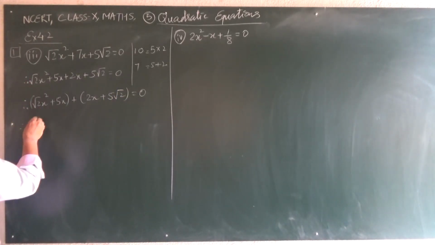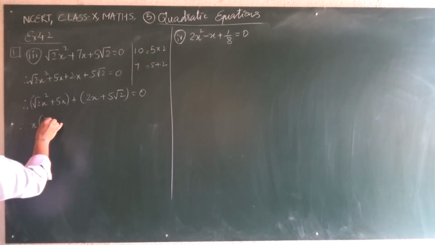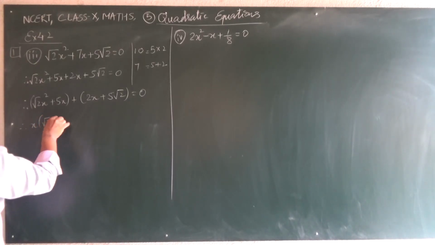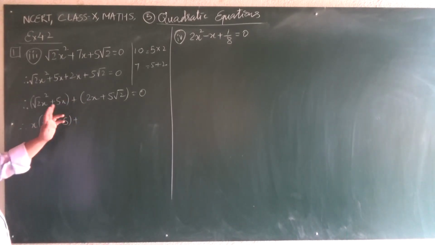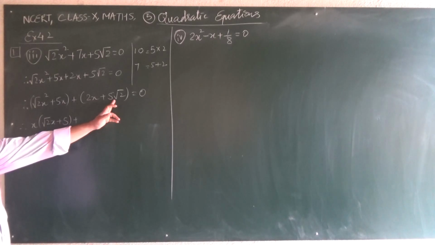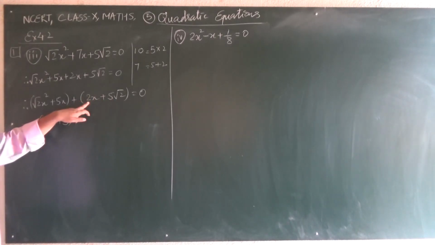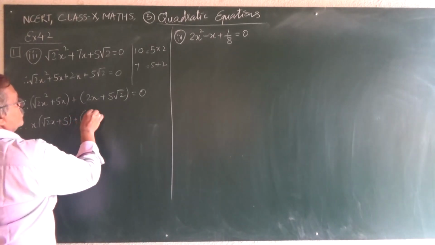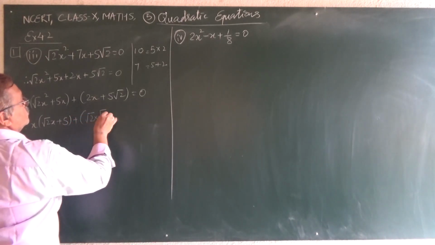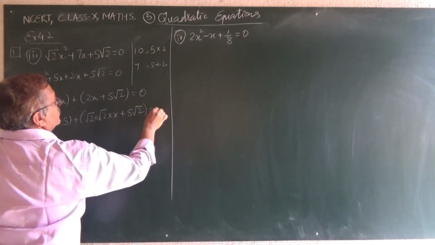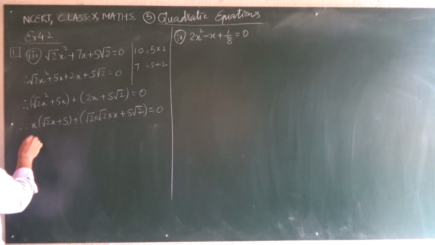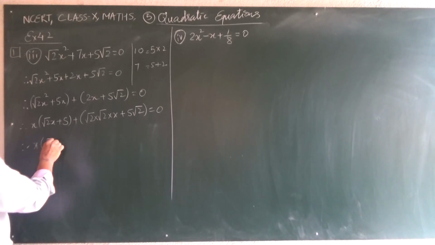Now, what is common here? x is common. Okay, fine, root 2x plus 5. Here you cannot say that you will get root 2x plus 5 common. So you have to write 2 in such a manner, root 2 into root 2. Let us write. So root 2 into root 2 into x plus 5 root 2 is equal to 0. Now, here it is already there.